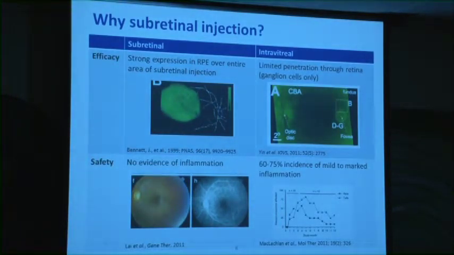And so people ask us, why do we use subretinal injection for these vectors? And notably there are other people using intravitreal injections. And so we point out that it's really a question of how strong the expression is subretinally compared to intravitreally. And also, we tend to see less inflammation when these vectors are introduced subretinally.